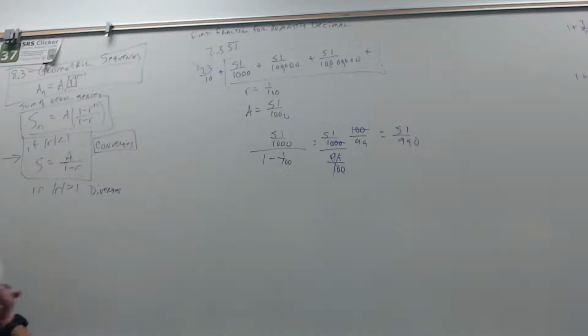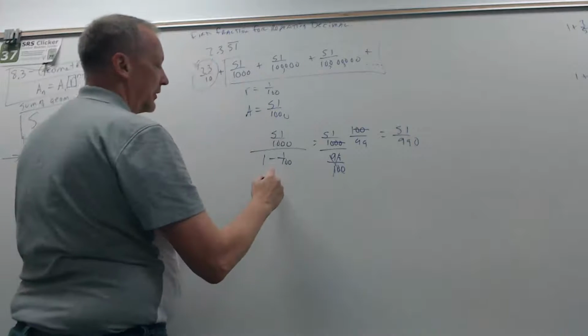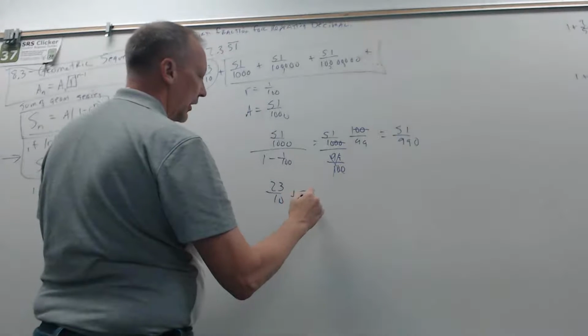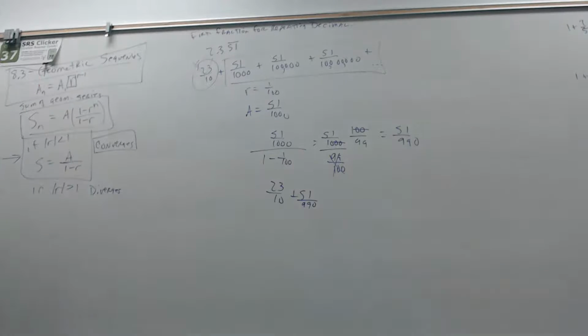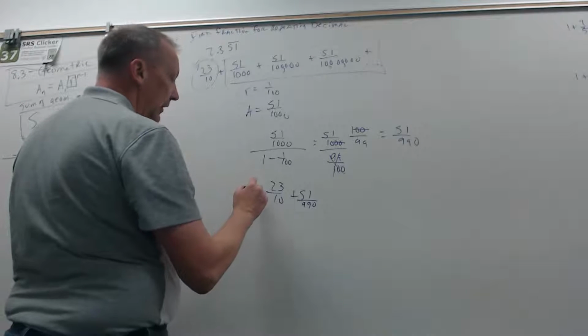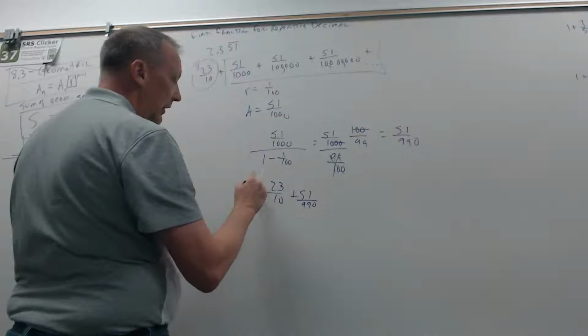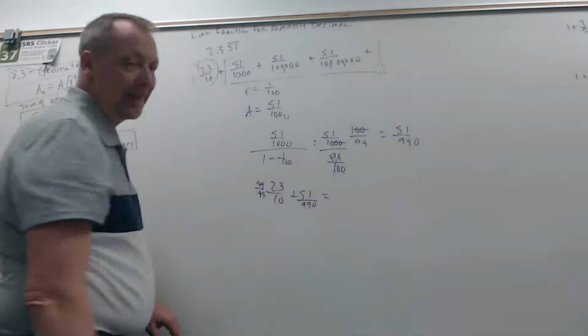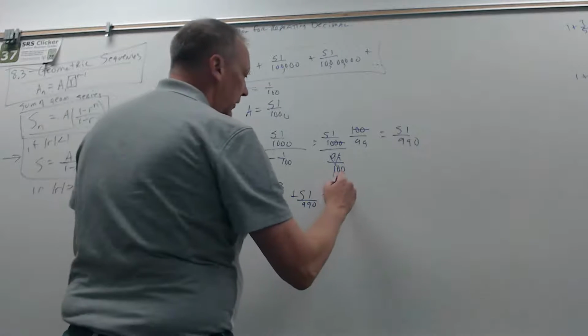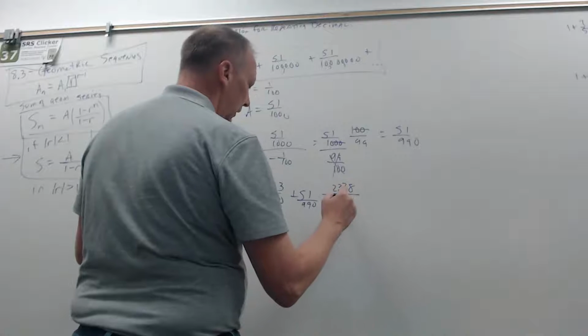So now I can take this first term, 23 over 10 plus 51 over 990. I can get a common denominator, which is 990, right? So if I multiply this by 99, that will give me 2328 over 990.